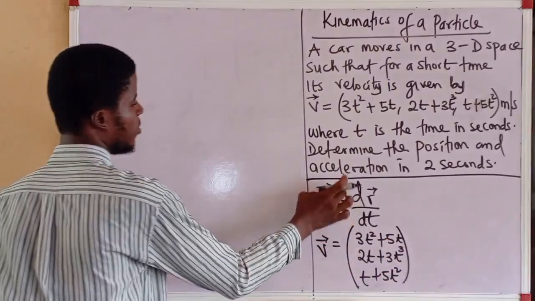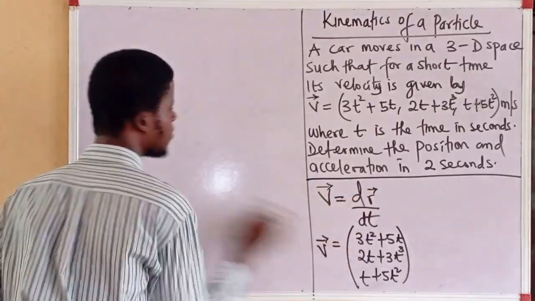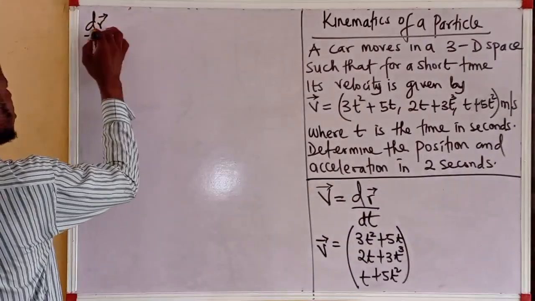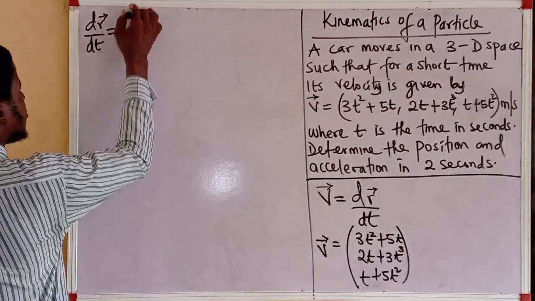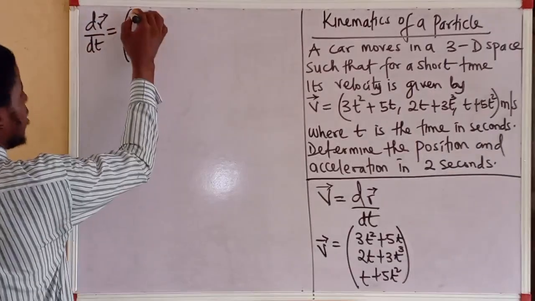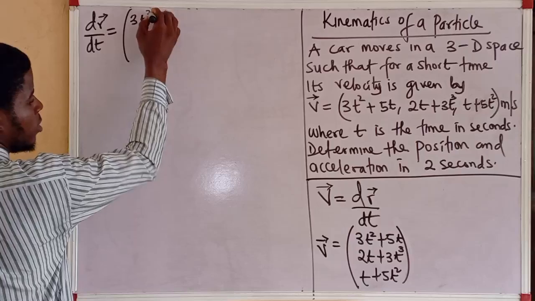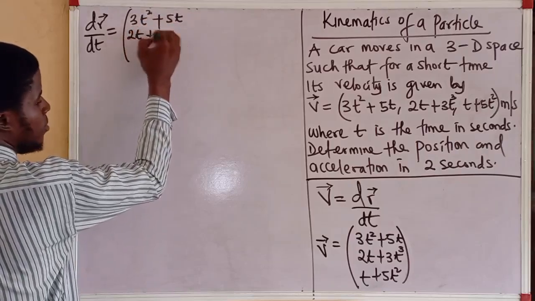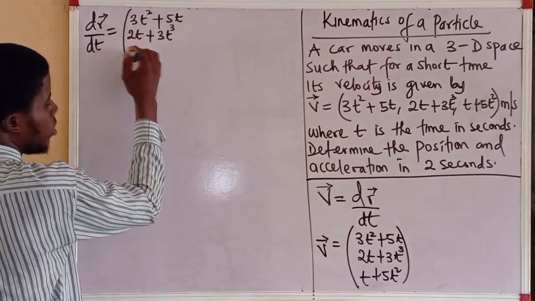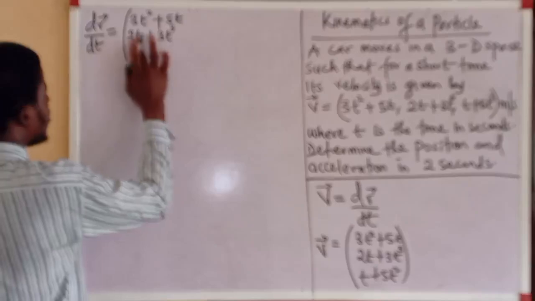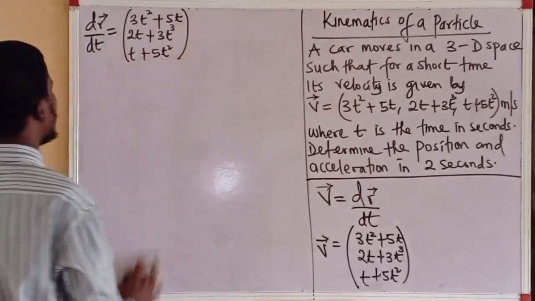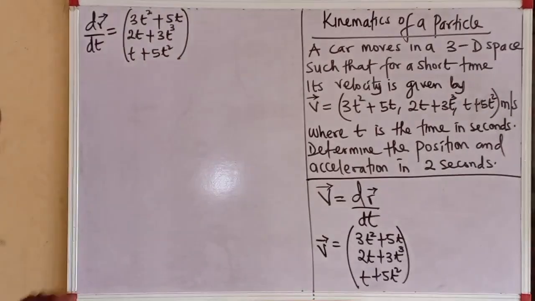So in place of this now, I want to put this here. So dr/dt is 3t squared plus 5t, 2t plus 3t cubed, t plus 5t squared. Let's separate the variables.